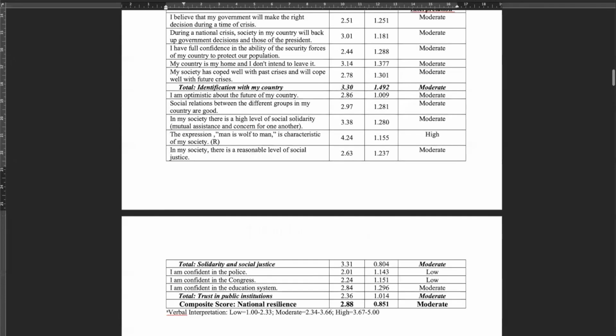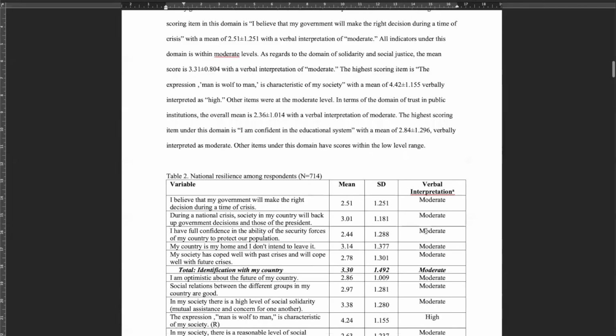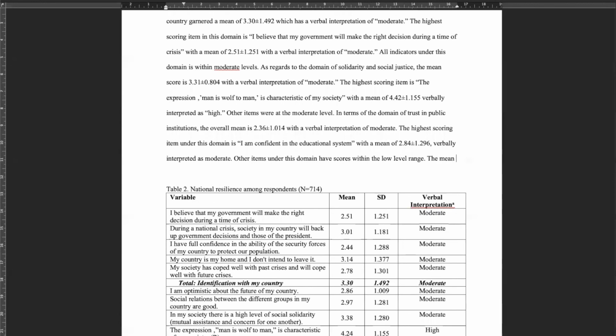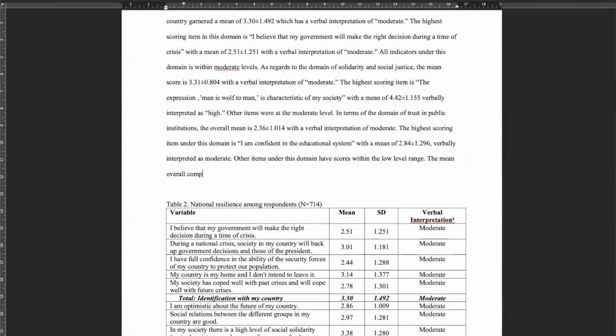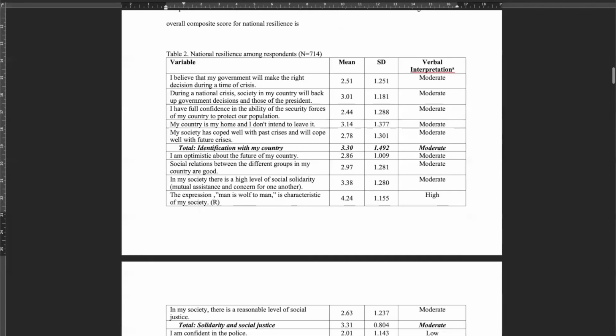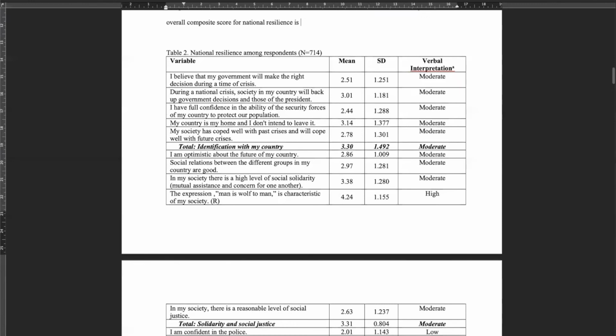And then you now report the overall composite score. So the mean overall composite score for national resilience is 2.88 plus minus 0.851 with a verbal interpretation of moderate.